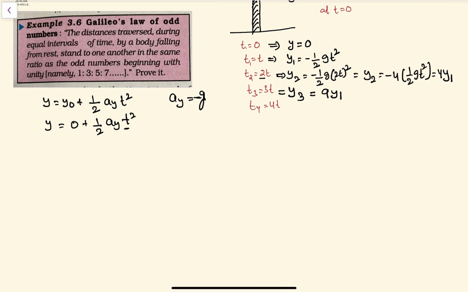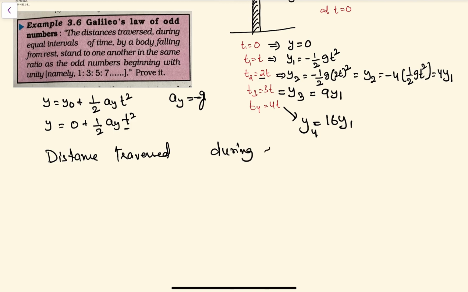Similarly, y4 is equal to 16y1. Okay, distance traversed in successive intervals, during equal intervals. So what is that?